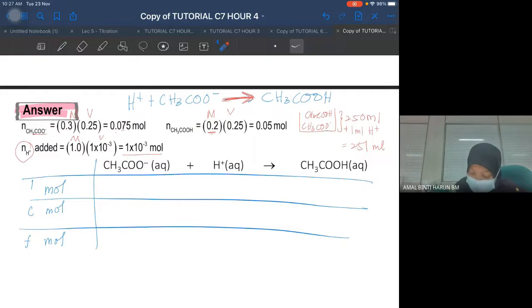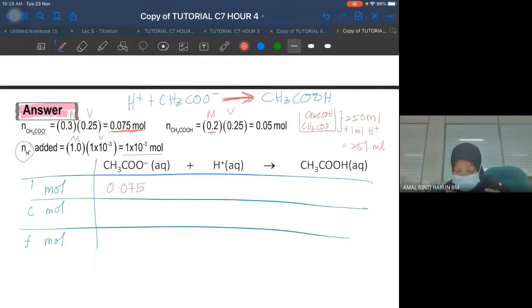So to be safe, kita buat dulu perubahan number of mole, perubahan pertambahan acid base of salt semua ni dalam mole. So initially kita ada salt tu adalah 0.075 mole. Salt yang ada di dalam buffer.